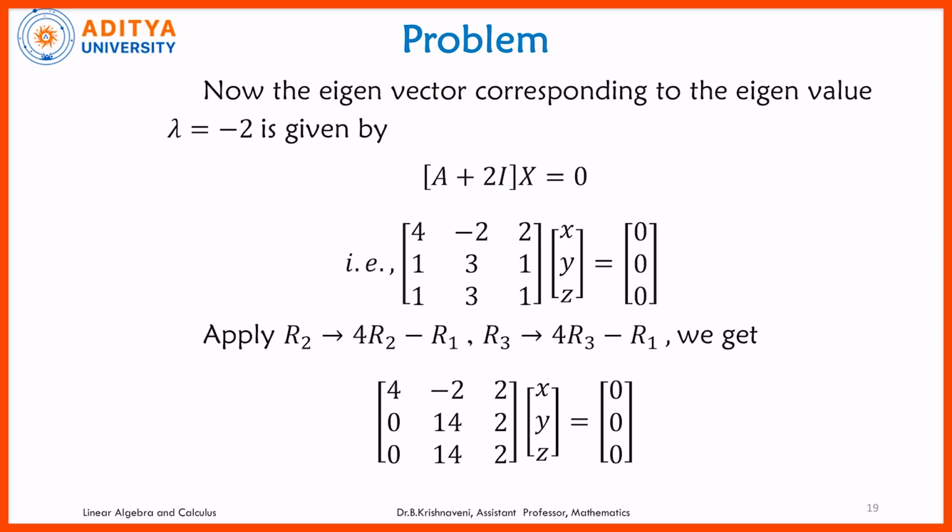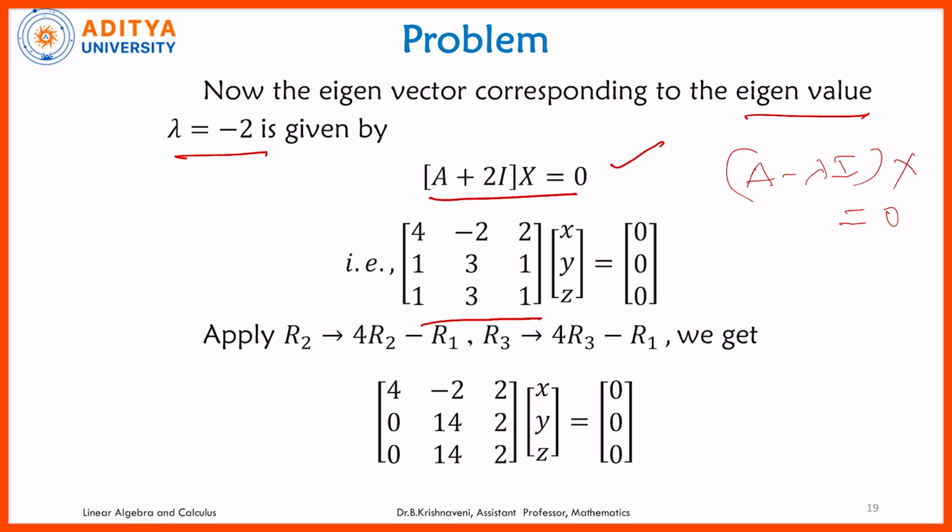Similarly, you can find the eigenvector corresponding to the eigenvalue lambda equal to minus 2. Using the system (A minus lambda I) x equal to 0 and substituting lambda equal to minus 2, we got (A plus 2I) x equal to 0. A plus 2I is nothing but 4, minus 2, 2; 1, 3, 1; 1, 3, 1.